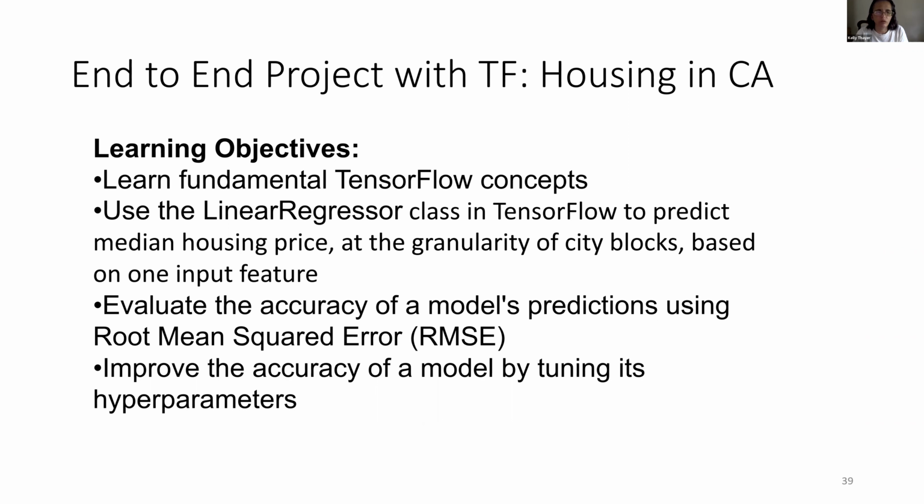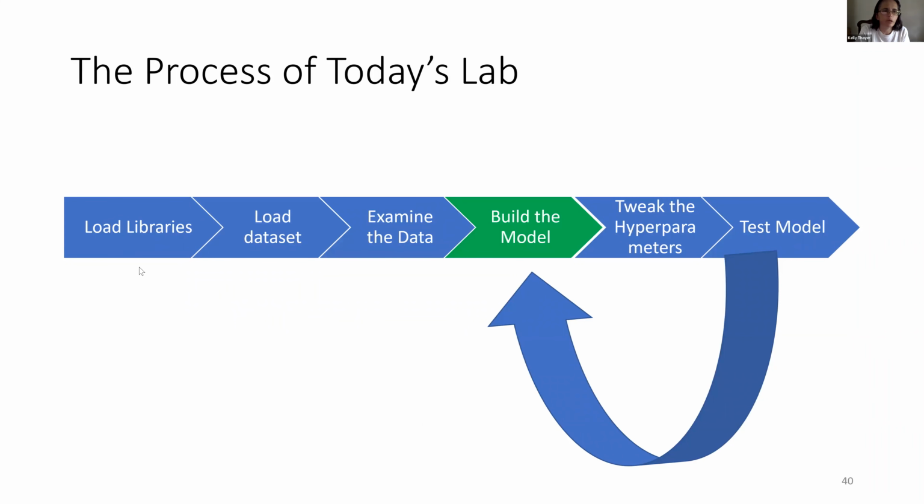Then we can evaluate the accuracy of the model's predictions using the root mean square error, or RMSE, and we can improve the accuracy of the model by tuning its hyperparameters, that is, have it undergo the learning process. The process that we will use in this lab is the same as the process that we have been using all along. We load some libraries and a data set, we examine the data, a model is built, we may wish to tweak the parameters, and then we test the model.